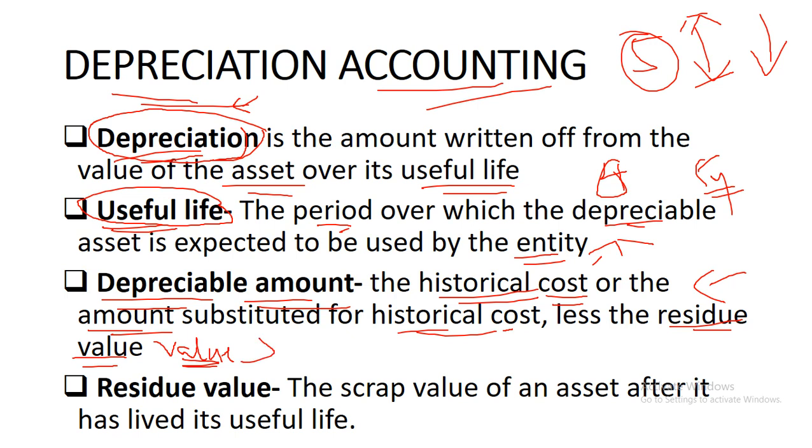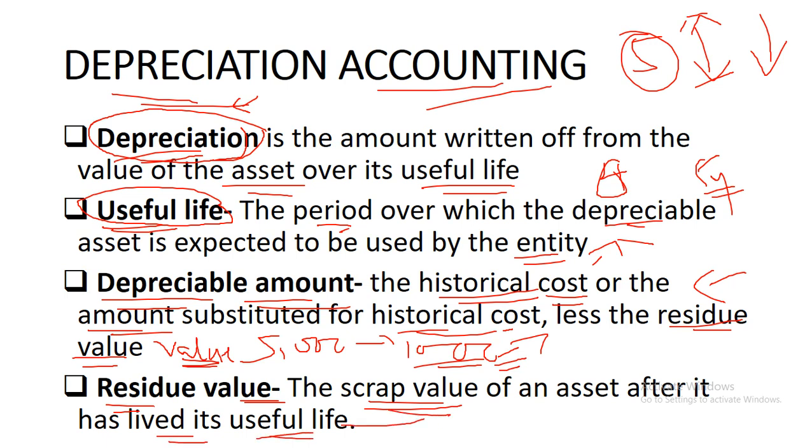So if we've got an asset for 5,000, and after its useful life ends, the asset is worth 1,000, this is what we call the residue value. This is the value at which we can sell that particular asset. So residue value, as I've already explained, is the scrap value of an asset after it has lived its useful life. Basically, this is the amount at which we can sell the asset after it has outlived its useful life.